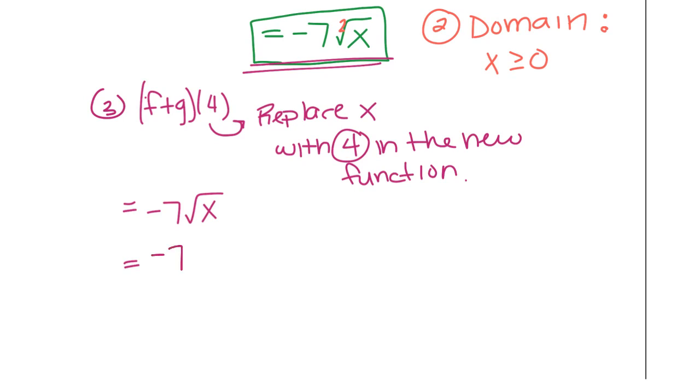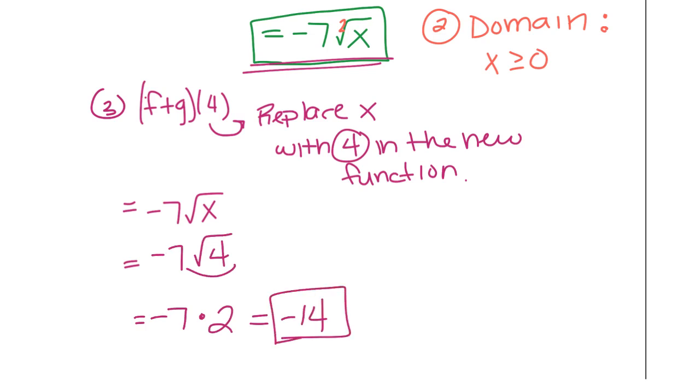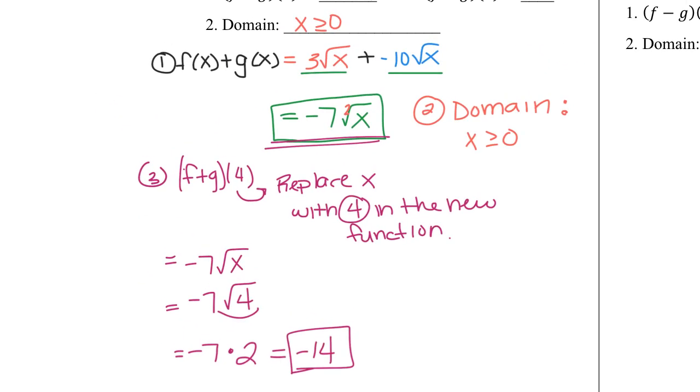So it's going to be negative 7 times the square root of 4. And we're going to simplify as far as we can. Well, square root of 4 is equal to 2, so it's actually negative 7 times 2, which makes negative 14. So the new function evaluated at 4 is equal to negative 14. And that's it for problem 1.